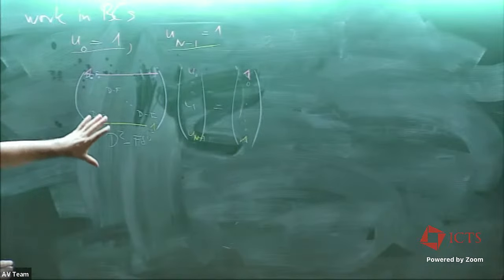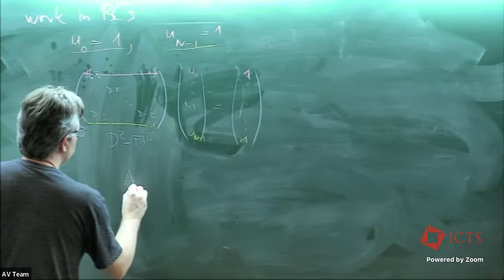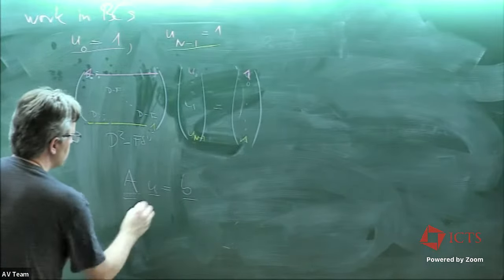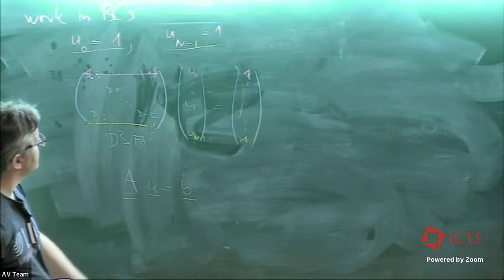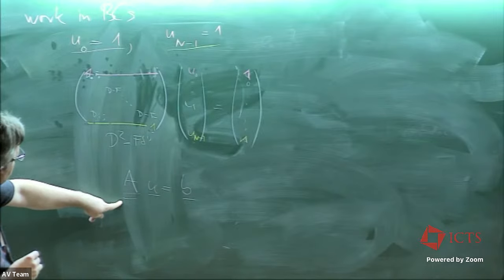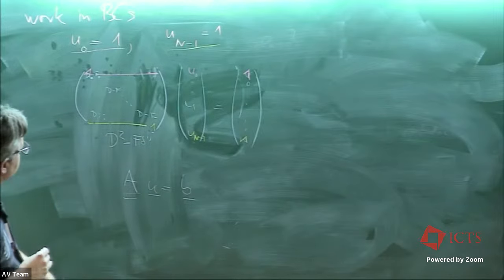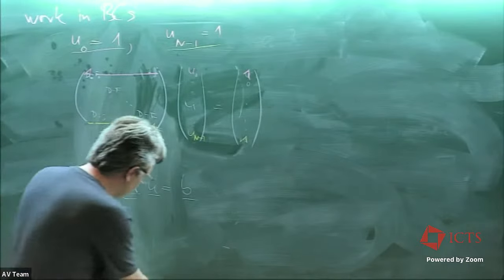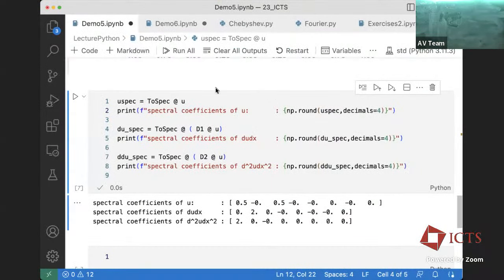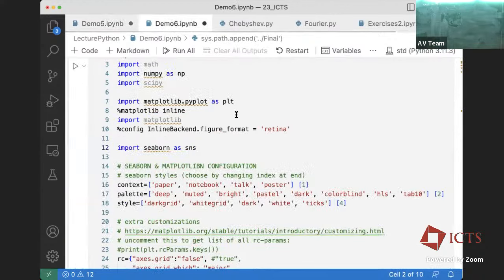And now we have this modified equation, which now still has the same form as before, Au equals b, but now we have a b on the right-hand side, which is non-zero. And that non-zero b on the right-hand side will now give us non-zero solutions for u. And the A matrix is mostly the d squared minus f delta ij, but with a change in the first and the last line. So let me bring this up on the screen, just so we see how this actually looks like in practice.